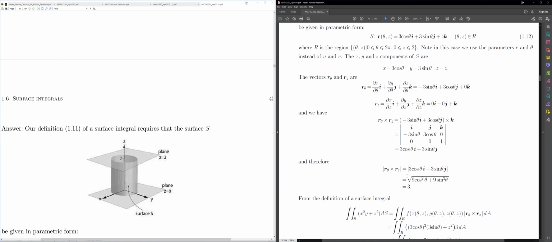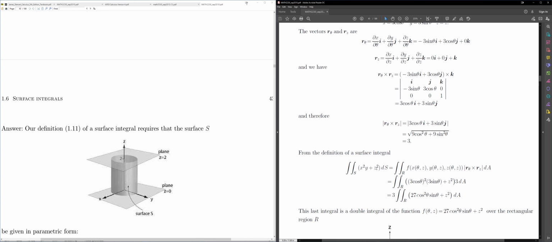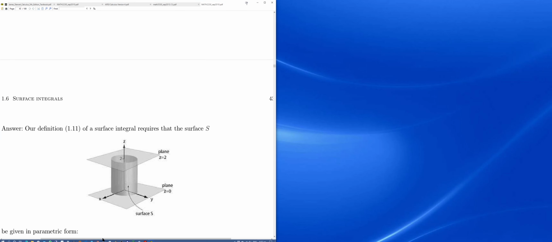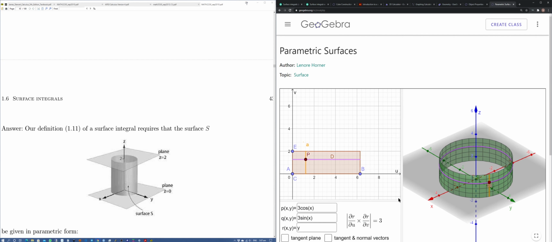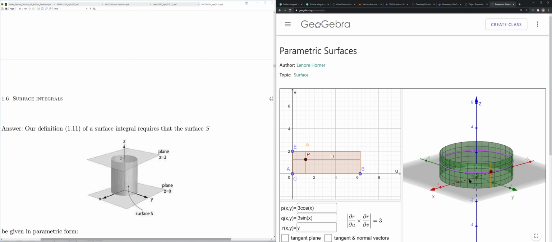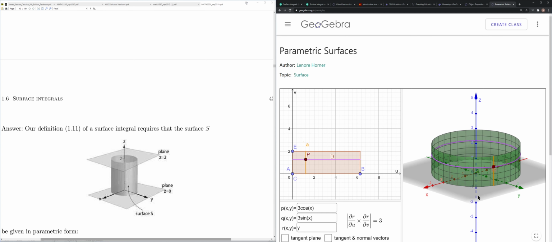And then finally, you need to multiply by this factor, the modulus of r theta cross rz, which is a scaling factor. When you pull back your information from here to here, you want to notice that the areas on this surface S are actually stretched out as compared to this region R by a factor of 3.